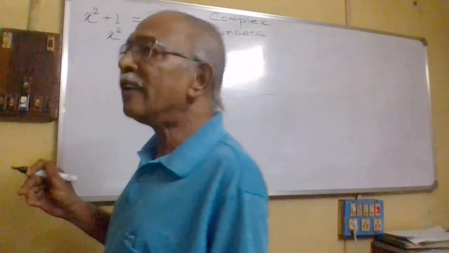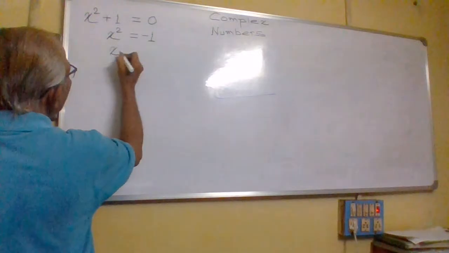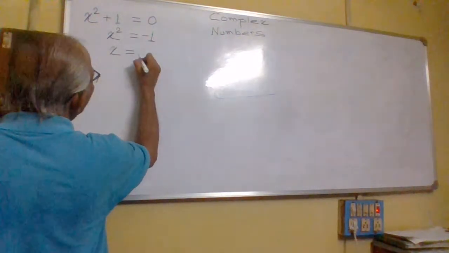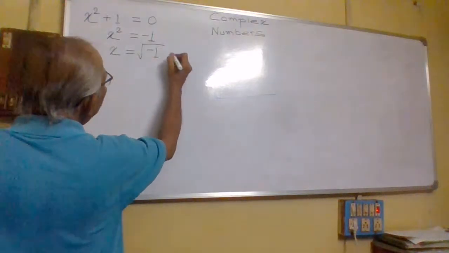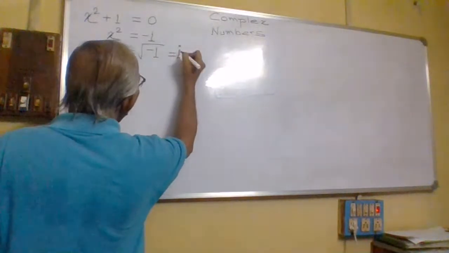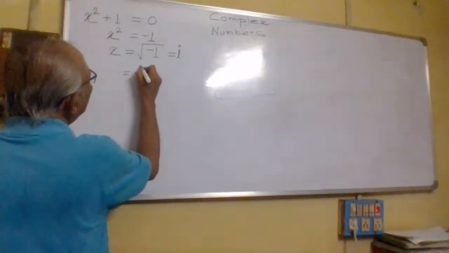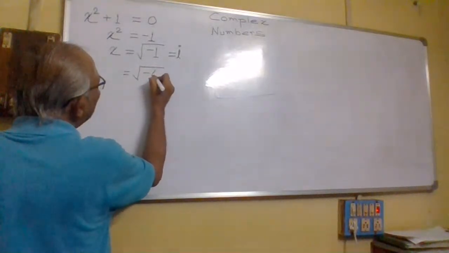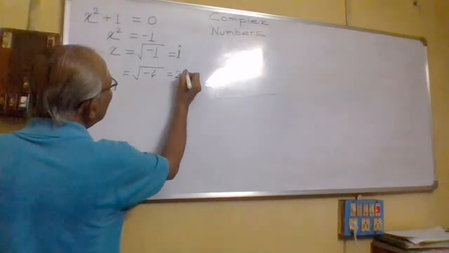So what we are getting from here is x equals root of minus 1, and we can assume this equals i. The root of minus 4 we can write as 2i.